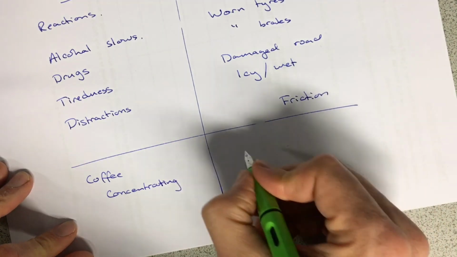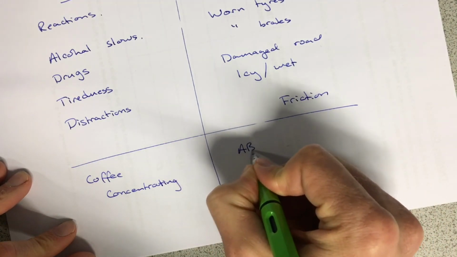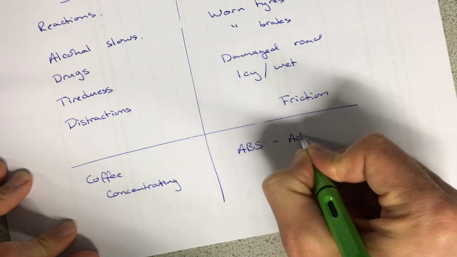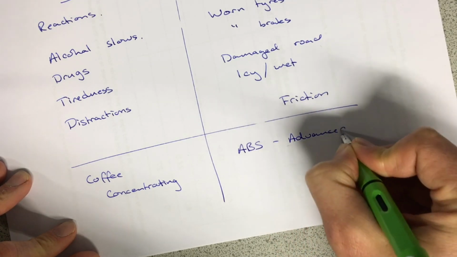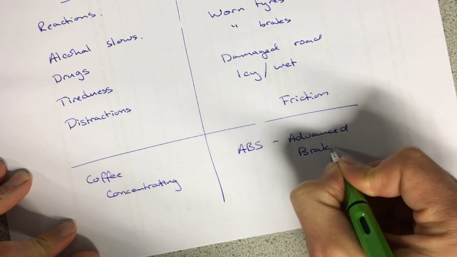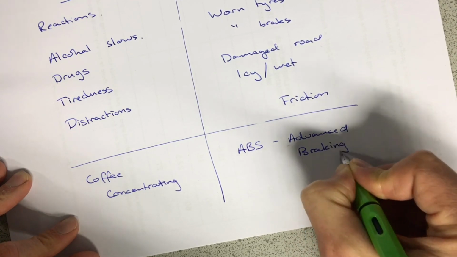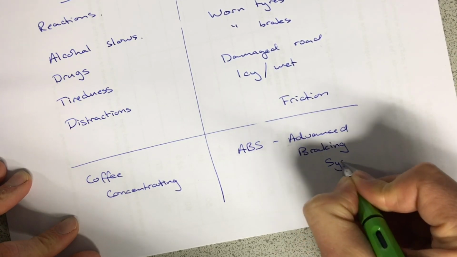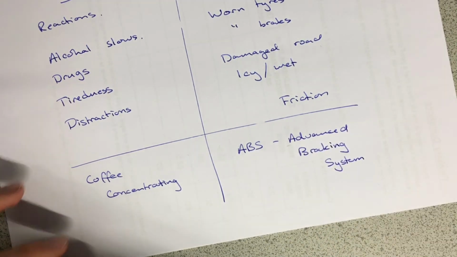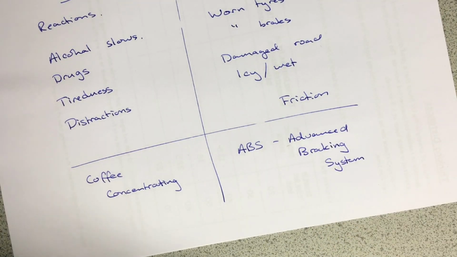And then finally over here, we might have something called ABS, which is our advanced braking systems. What they do is they prevent cars from skidding on the road, and that reduces their braking distance. Okay, and that's about everything you need to know about thinking, braking and stopping distances.